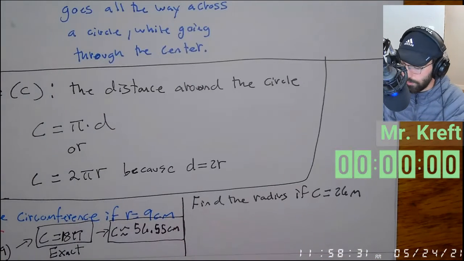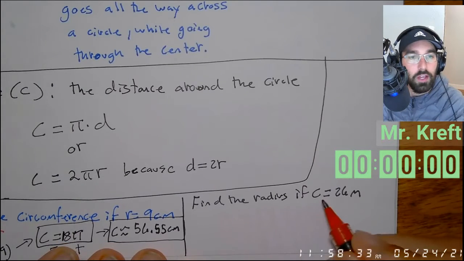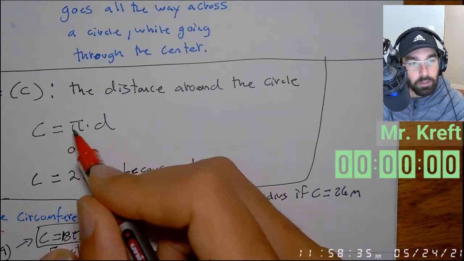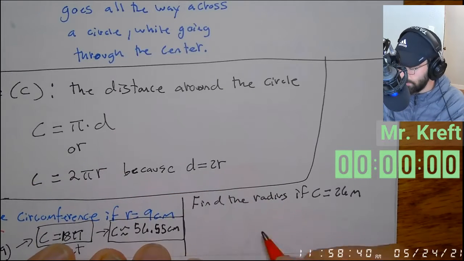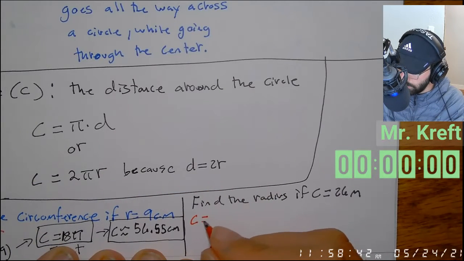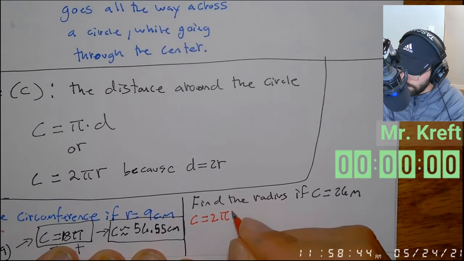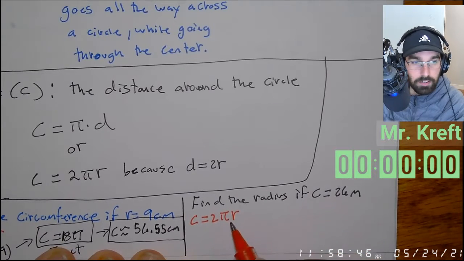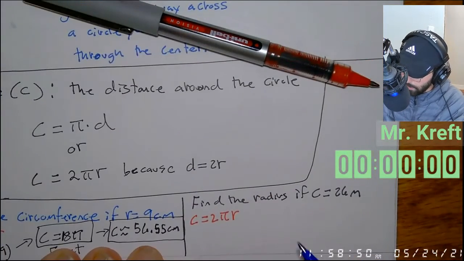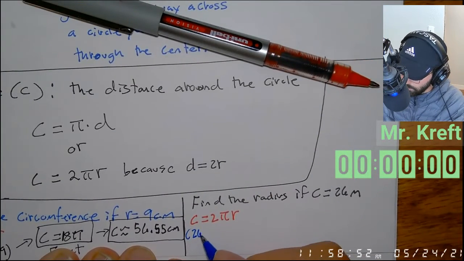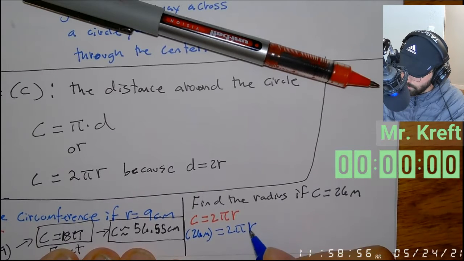All right, so again, let's go through this. So I want to find the radius, and I know the circumference. So I'm going to look at my equations in my notes, and I'm going to pick the one that has circumference and radius in it. So I have circumference equals 2 pi r. I know that C is 26 meters, and then I have 2 pi r.